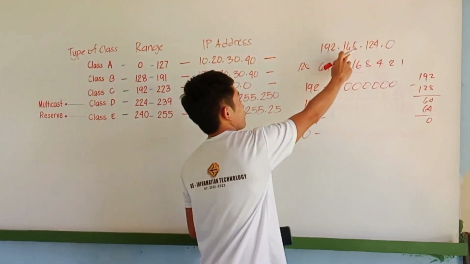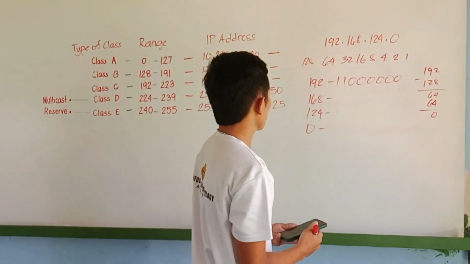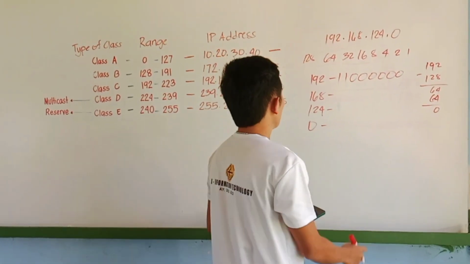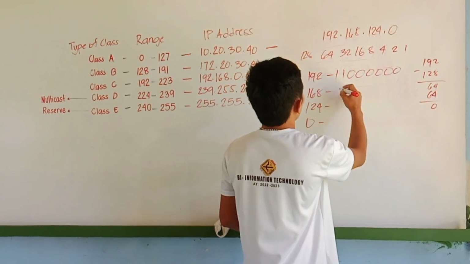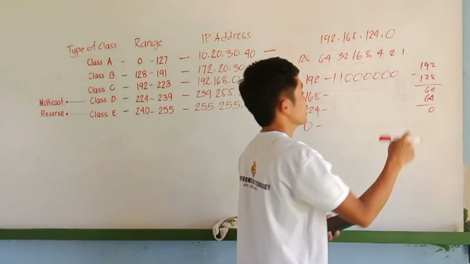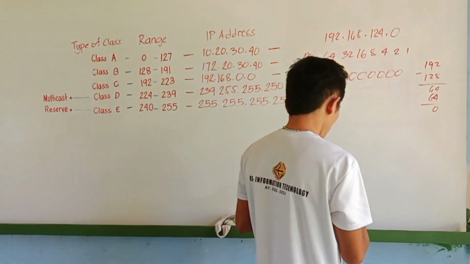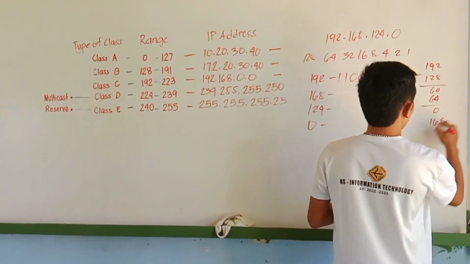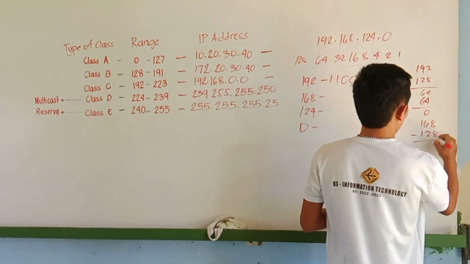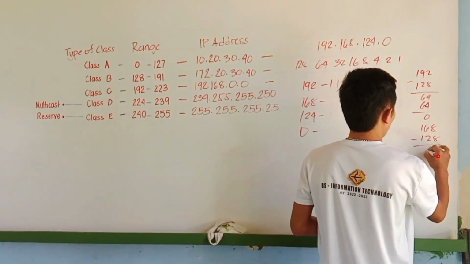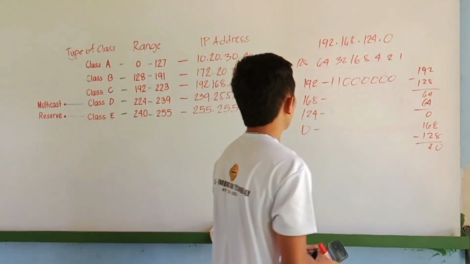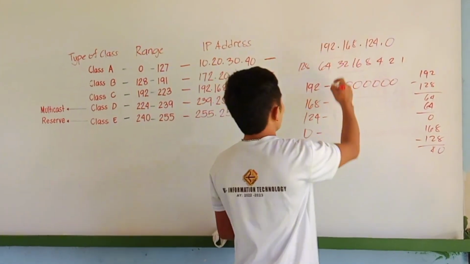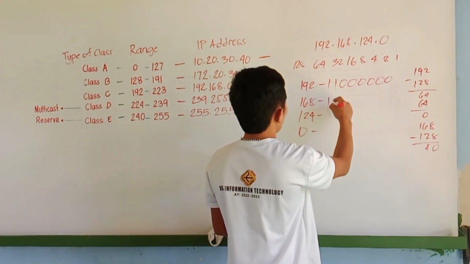So for the 168, we're going to subtract again: 168 minus 128. The result is 40. So we put 1 for the 128.